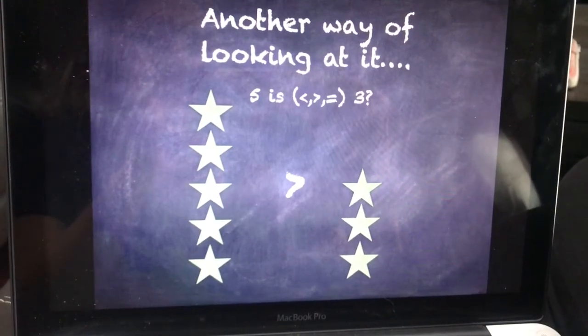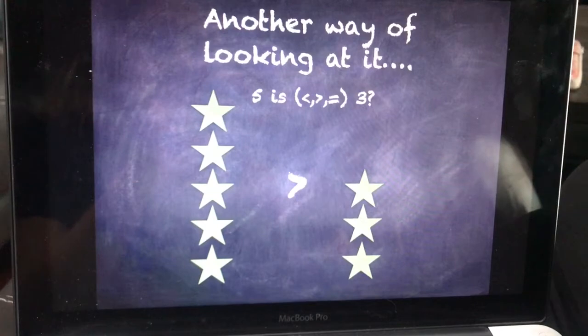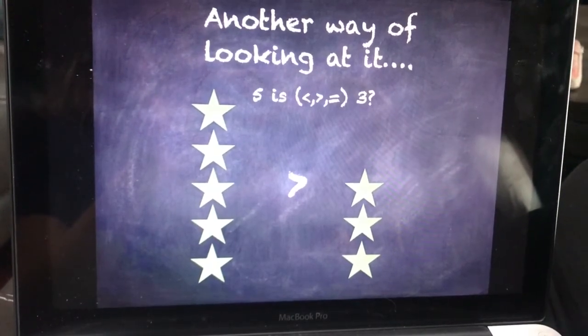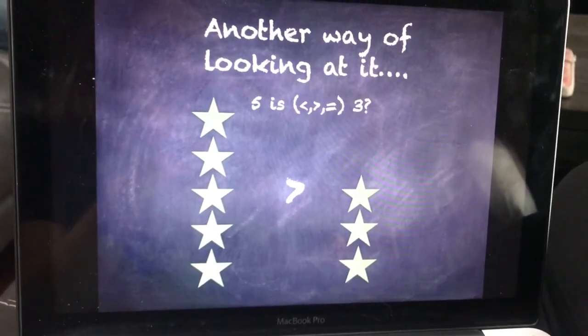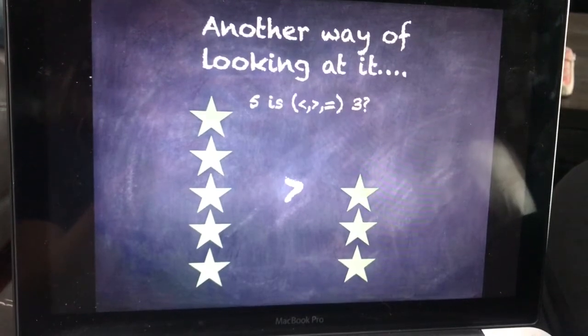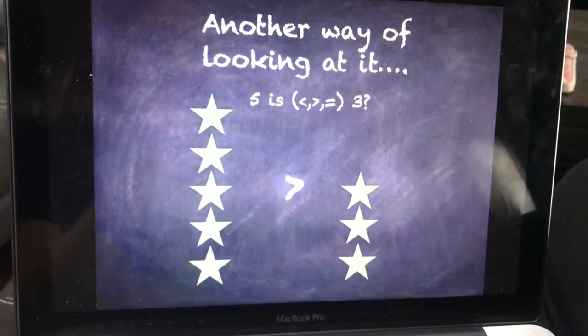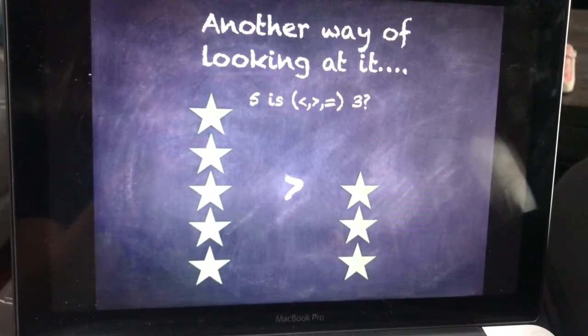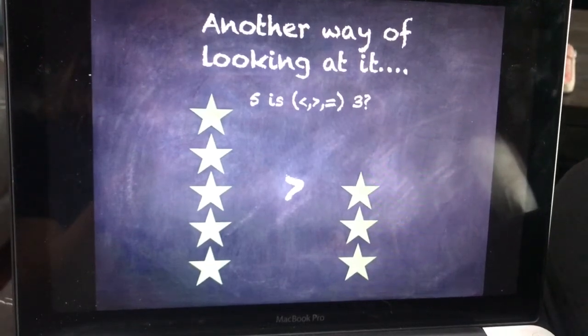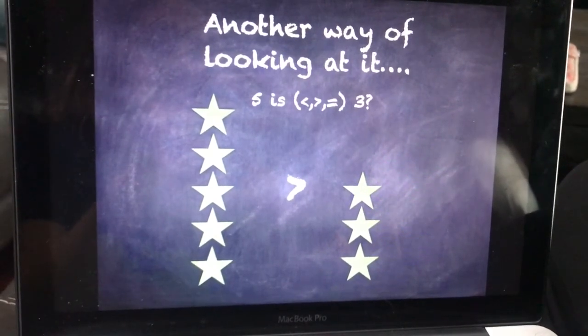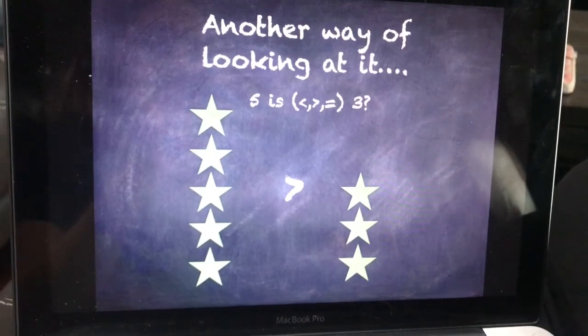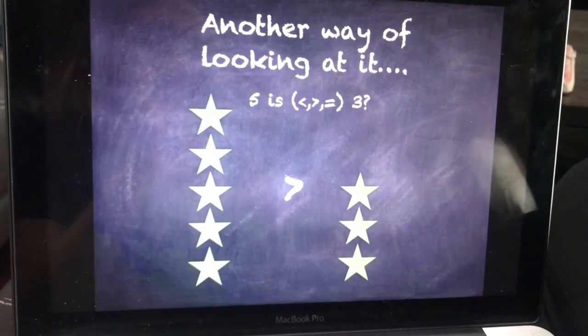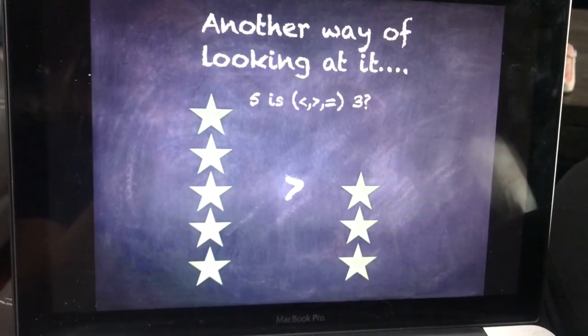Do you also see the bird's beak? The less than sign. So when a number is greater than the other number that we're comparing, we use the alligator's mouth. But when a number is smaller than the number we're comparing, we use the bird's beak, which is the less than sign.